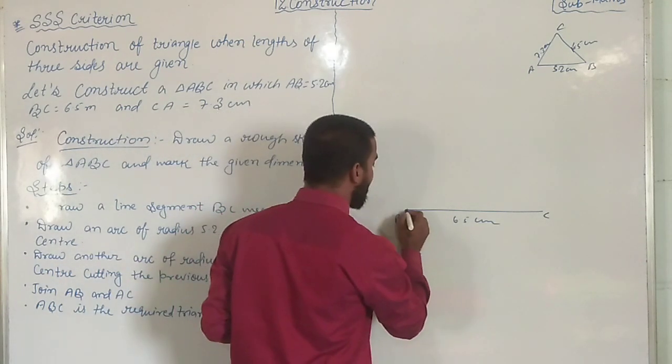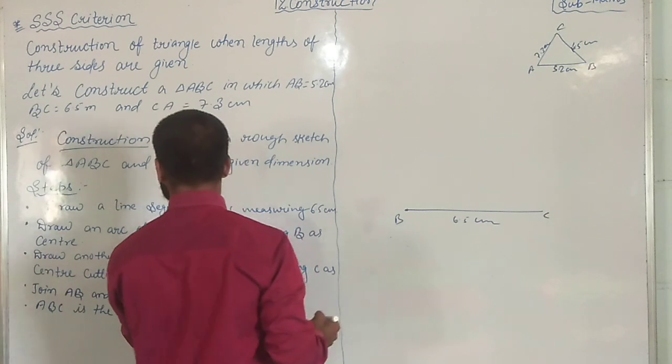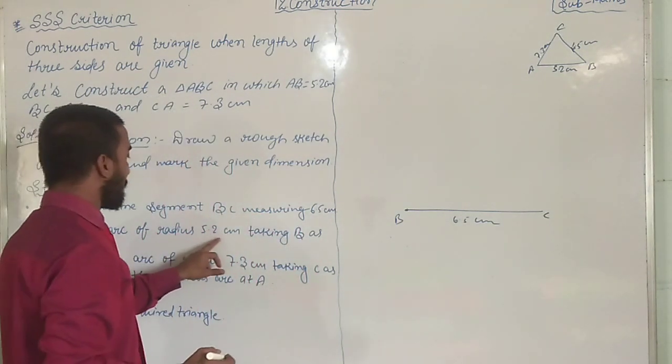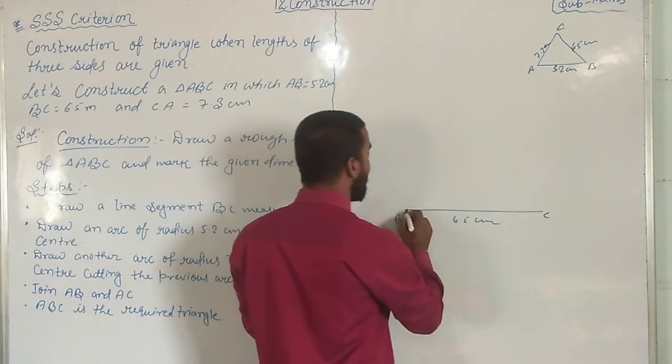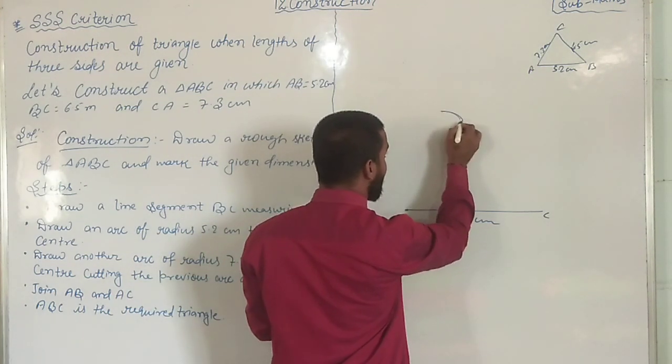After keeping it on B, draw an arc of 5.2 cm. It means you keep your pointer here and make an arc. How much?